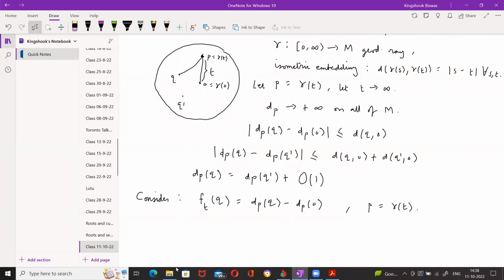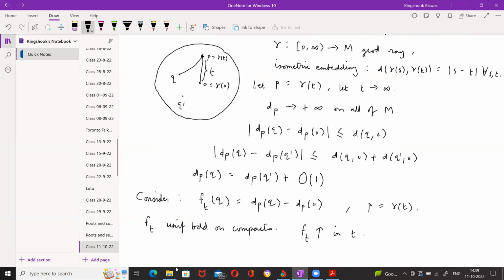Now, by the triangle inequality, these functions f_t are uniformly bounded on compacts. And in fact, it's easy to see by the triangle inequality that because gamma is a geodesic, these functions are monotone increasing in t.